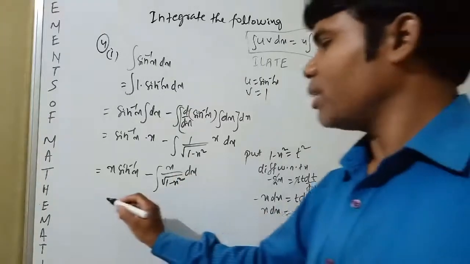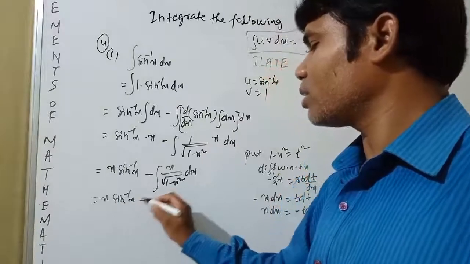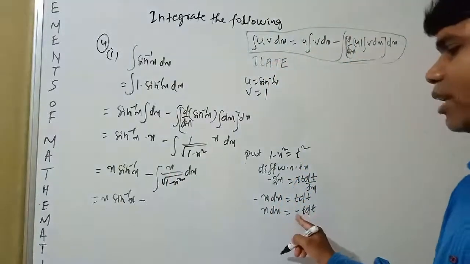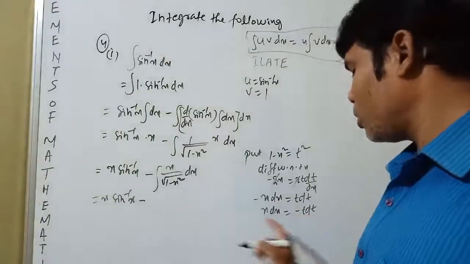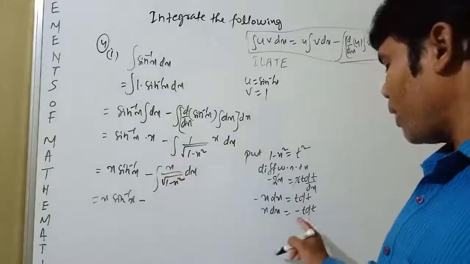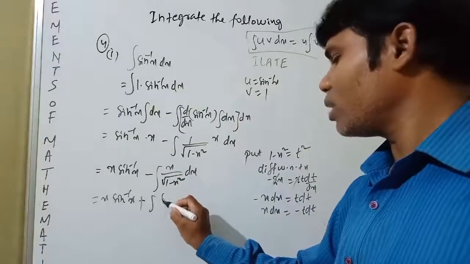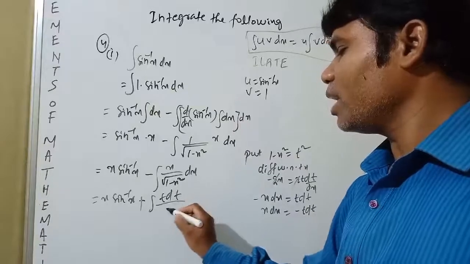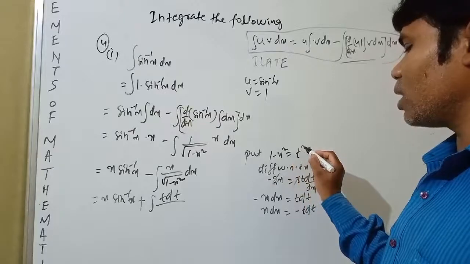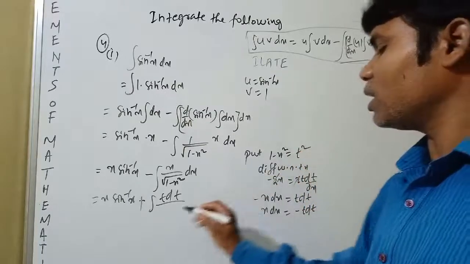So it is equal to x sin inverse x minus, x dx is equal to minus t dt, so this minus and this minus become plus. Integration of t dt by, you see 1 minus x square is equal to t square, we need root over 1 minus x square, that is root over t square, that is t.